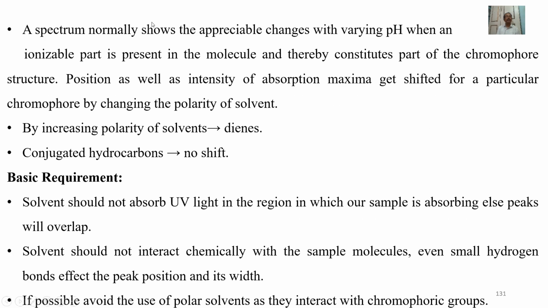A spectrum normally shows appreciable changes with varying pH when an ionizable part is present in the molecule and thereby constitutes part of the chromophore structure. Position as well as intensity of absorption maxima get shifted for a particular chromophore by changing the polarity of solvent. By increasing the polarity of solvents, for dienes and conjugated hydrocarbons, there is no shift.